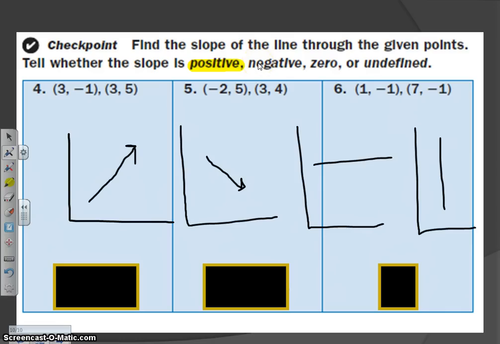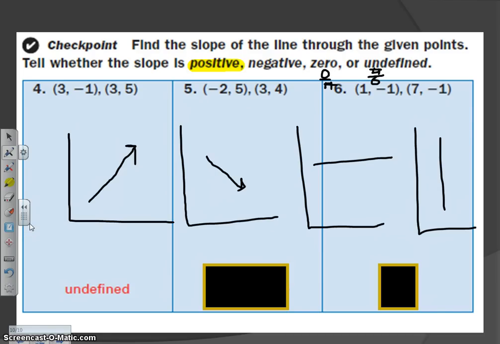You can tell if it's positive or negative just by what the number is. If it's a positive number, it's a positive slope. If it's a negative number, it's a negative slope. If it's 0 over a number, it's a 0 slope. If it's a number over 0, it's an undefined slope.